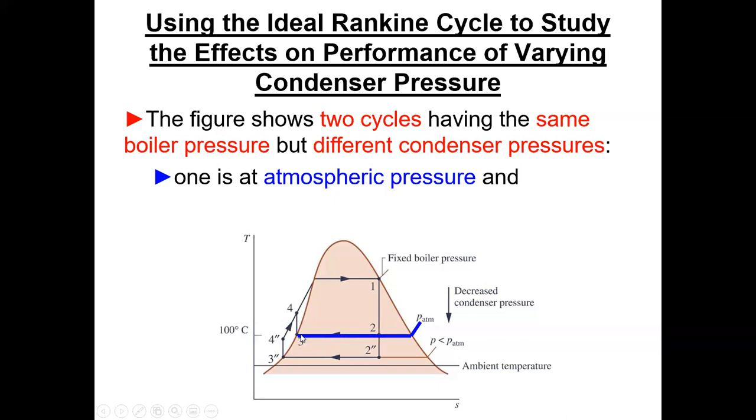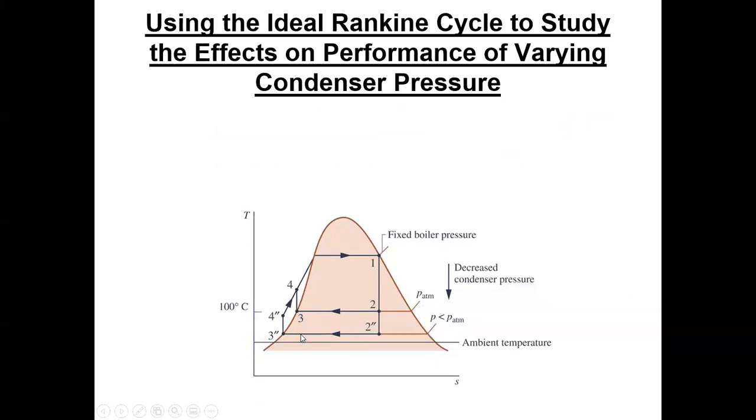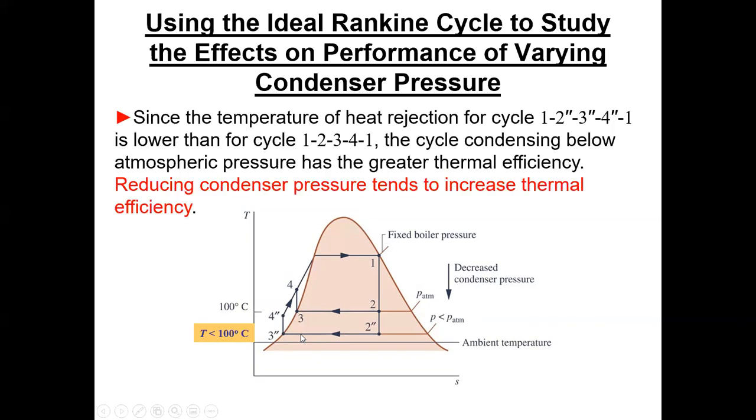Okay, so one is at atmospheric pressure, the other is less than atmospheric, and of course we can do the little animation and we get there. This slide refers back to the same situation. We notice that the temperature during the heat rejection is much less than 100 degrees, which it was initially, and that's what tells me I'm going to help my efficiency.